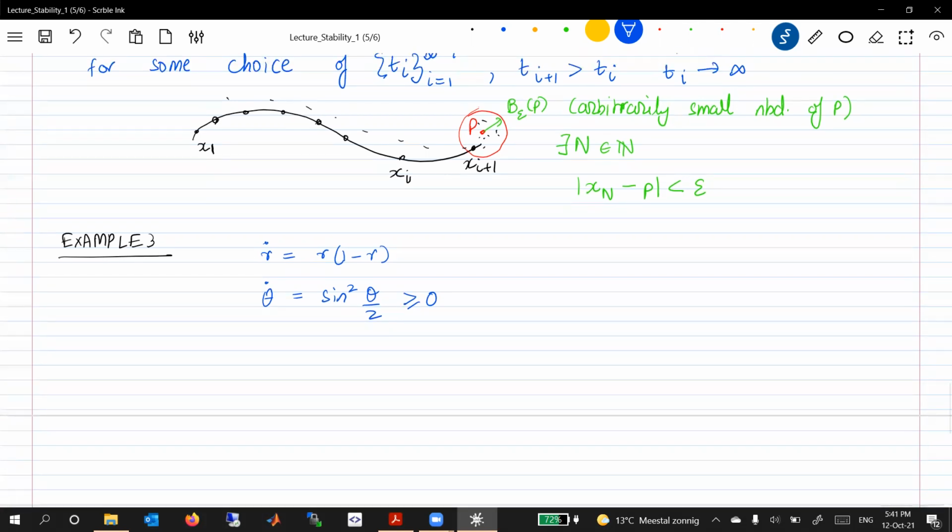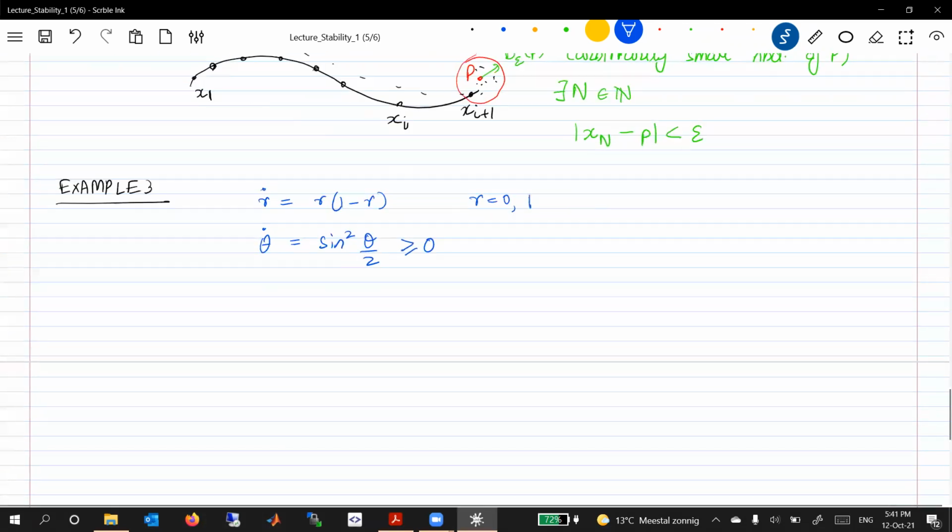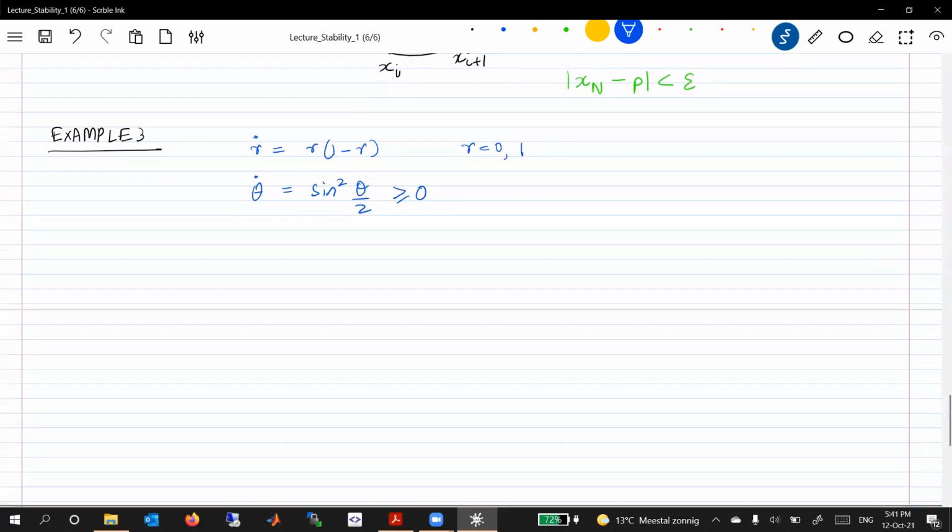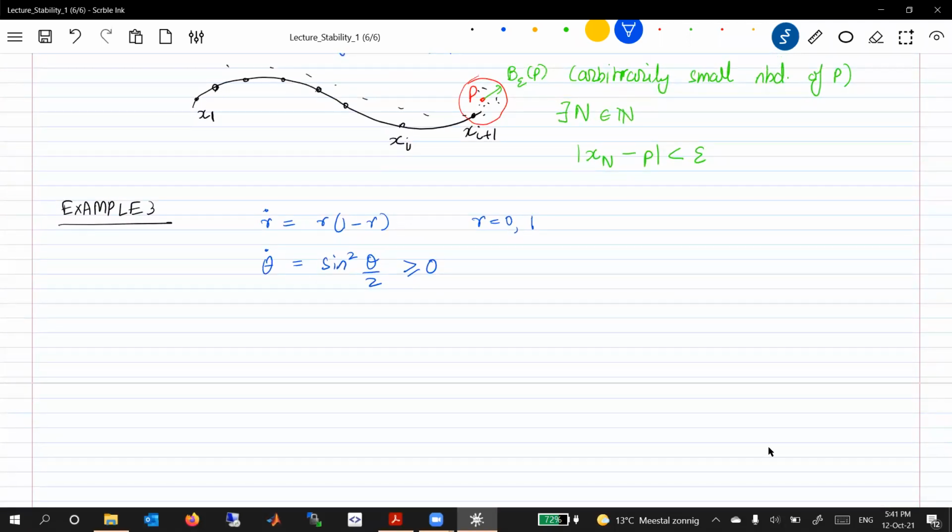And the top equation, that of the radius, has two fixed points if we look at it as a scalar equation, which are r equals 0 and also r equals 1, where this function vanishes. We can even plot its dynamics, right?